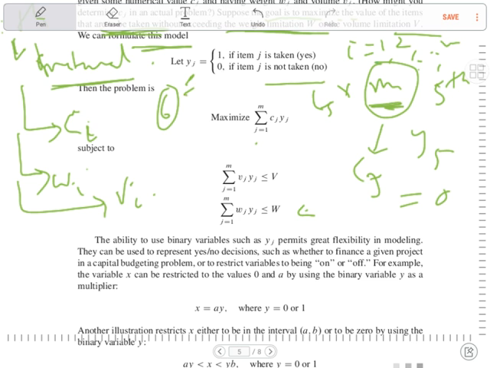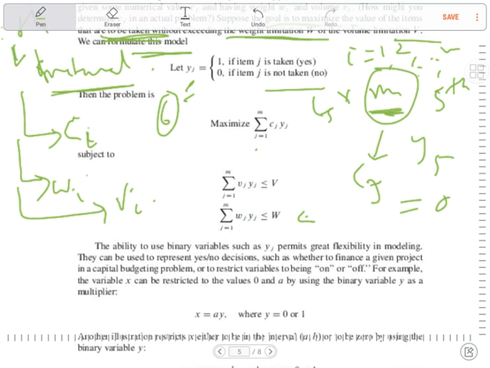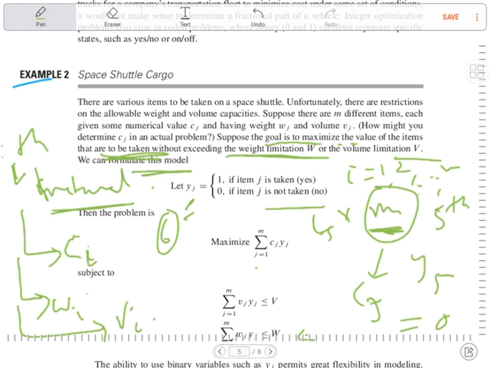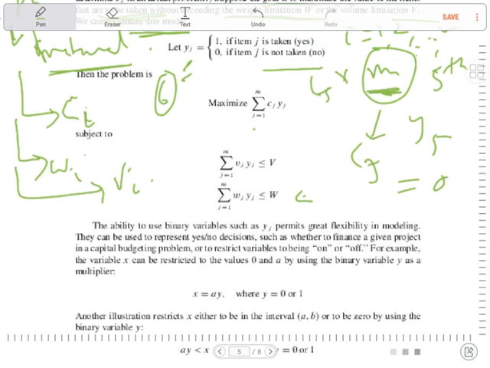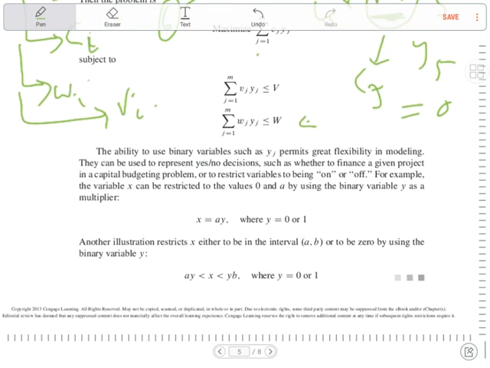So this is the decision variables. Here they are actually discussing the utility of using these types of binary variables. They provide some flexibility in modeling. They can be used to represent yes-no decisions, quite obviously, as we are using here itself.